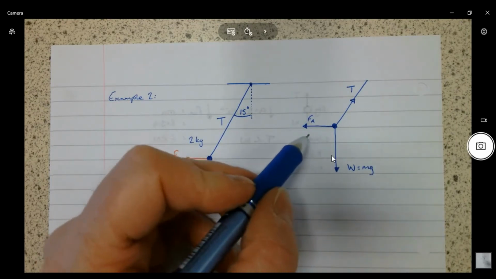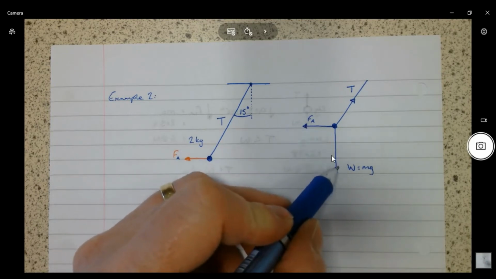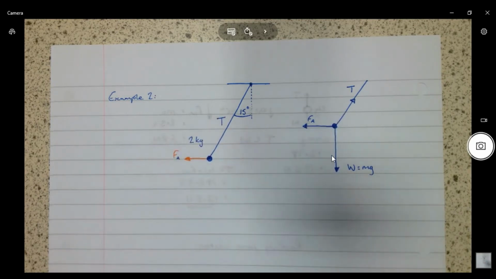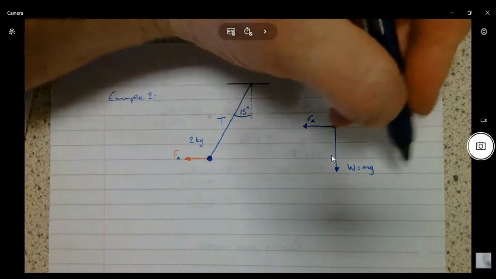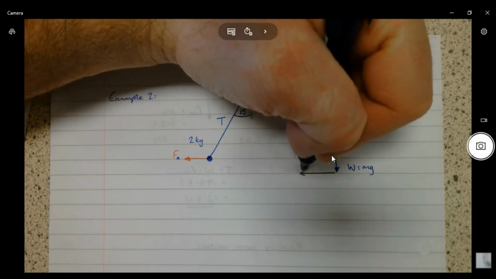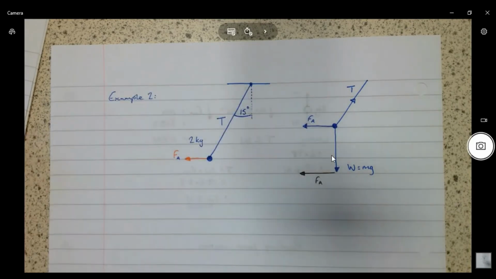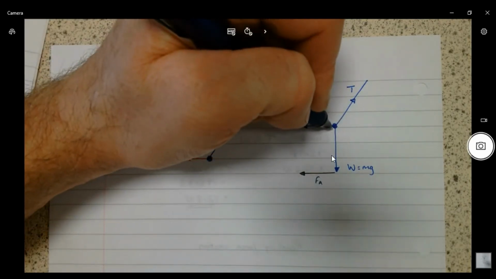What we can say is that the resultant of our applied force and weight is going to equal tension. If we take FA and add that nose to tail, then we'll have a resultant.